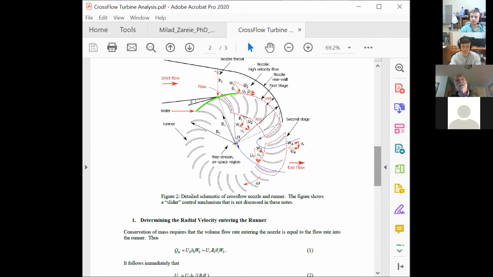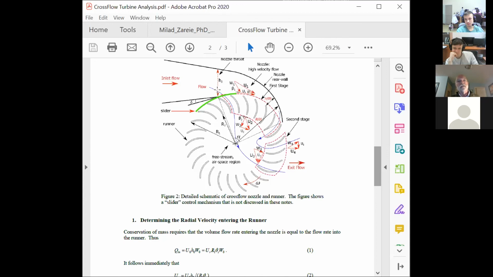Not only that, what you see here in the dashed red line, and please ignore the green slider, just pretend the slider is not there. I couldn't find an image that didn't have the slider in it, so I had to use this one. This dashed line shows the boundary between the nozzle of the turbine and the rotating blades.